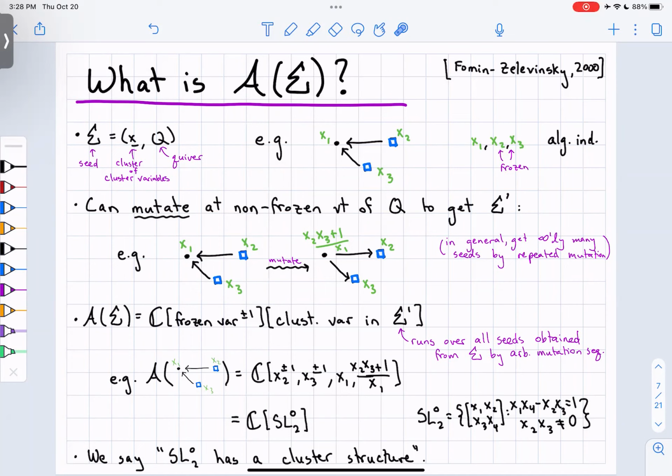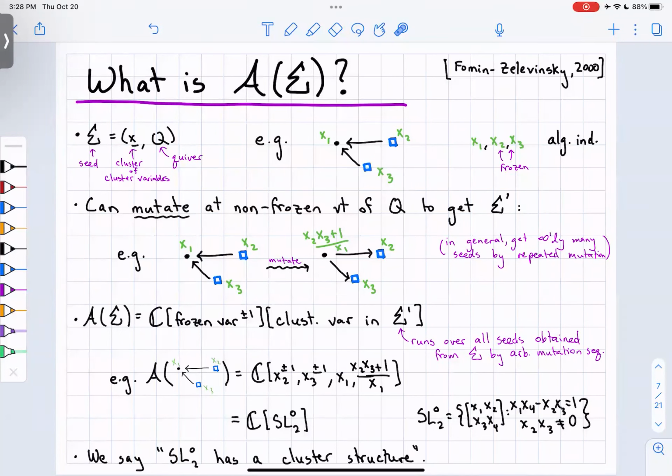Yeah, I think not. You can get something very poorly behaved. It's just that no one thinks about those in geometric contexts. In practice, what you do is you have a variety in mind and you want to identify that the coordinate ring is a cluster algebra. You rarely think about an arbitrary cluster algebra and then try to cook up the variety for it.